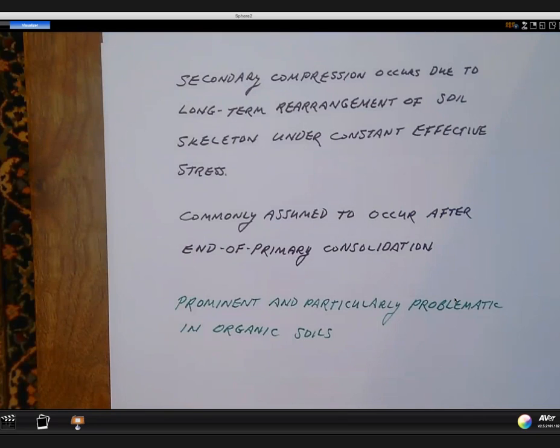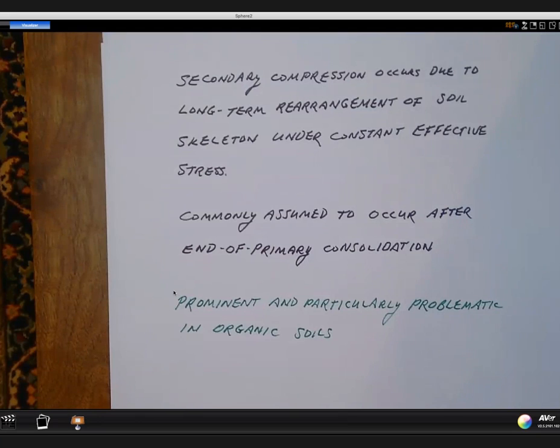It's actually been proven to be happening during consolidation also, but I don't want to muddy the water getting into an academic argument and try to push a complicated theory in that regard. We'll just use that it is, in fact, occurring after end of primary. Would be fine for this class.